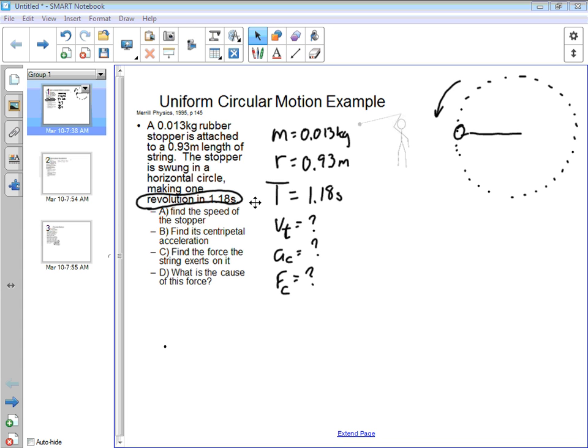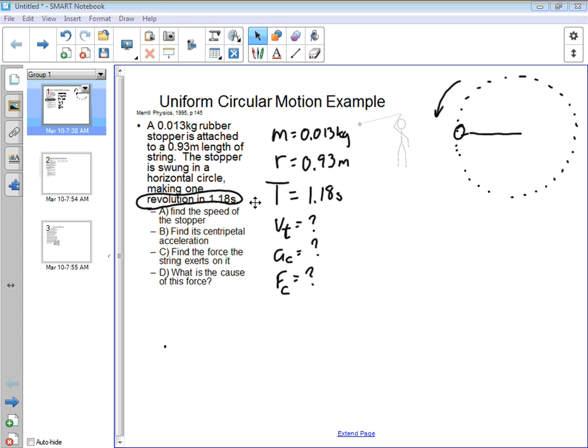If you've got one, it's easy to get the other one, but you've got to make sure that you're interpreting it correctly and say, oh, this is the period or this is the frequency. It does something in this time period, so if it takes this long, that is going to be a period. That's T. We are looking for v sub t, the tangential velocity, and the acceleration and the force.